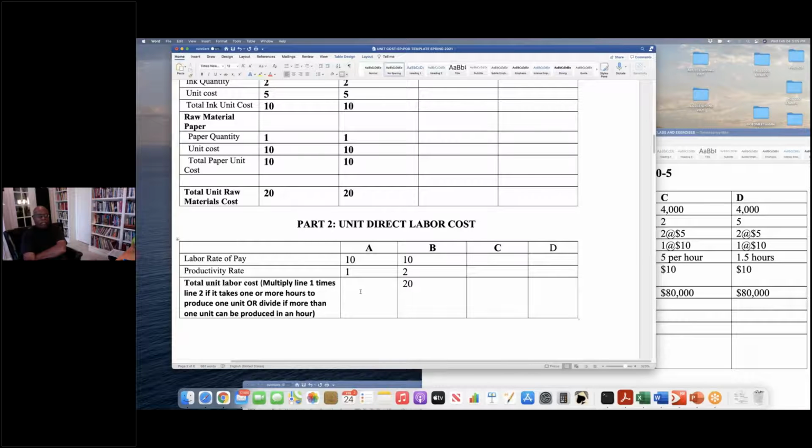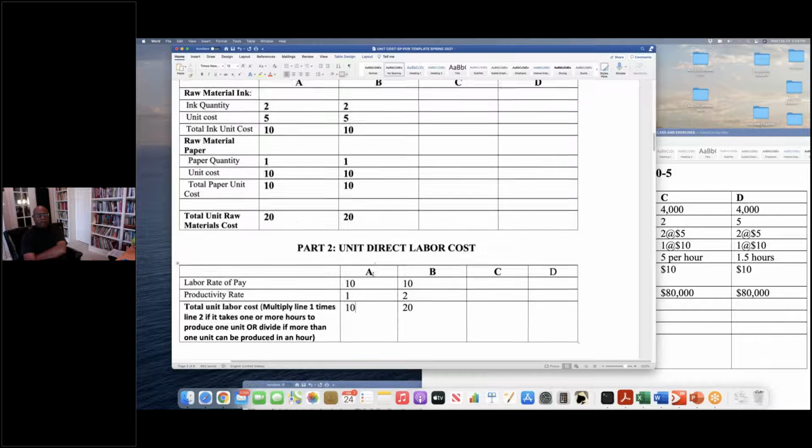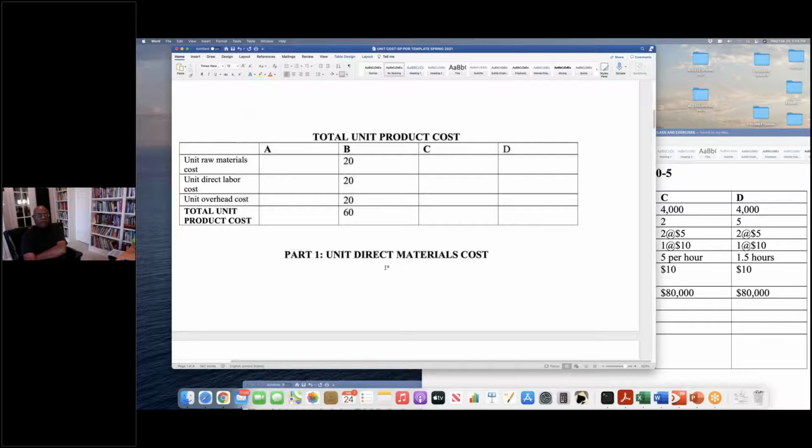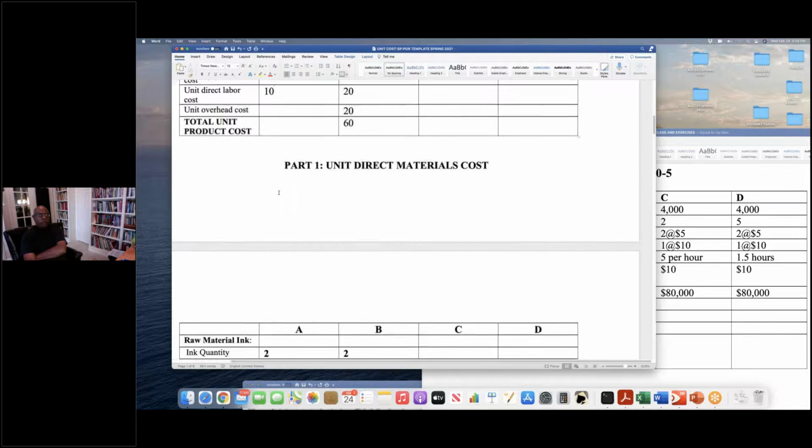So our labor is going to be what? $10. Unit cost of labor is 10. 10 times 1, 10. What are we going to do with the 10? Take it to the chart. We need to put the 10 here. And how much did we have for raw materials? 20.